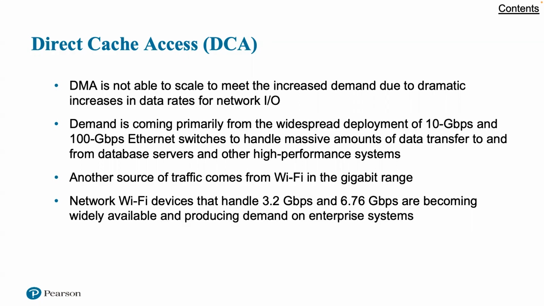A secondary but increasingly important source is traffic coming from Wi-Fi in the gigabit range. Network Wi-Fi devices that handle 3.2 gigabits per second and 6.76 gigabits per second are becoming widely available and producing demands on the enterprise systems.